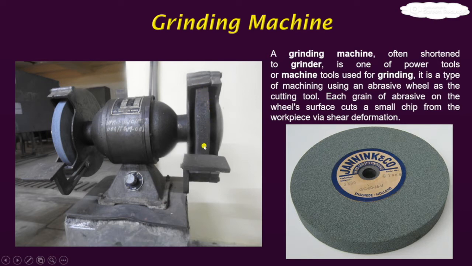This is called the grinding wheel, where the abrasive coatings are there, and it is rotating at very high speed, and when it is in contact with the cutting tool, the tool is sharpened. So this is the function of the grinding machine.